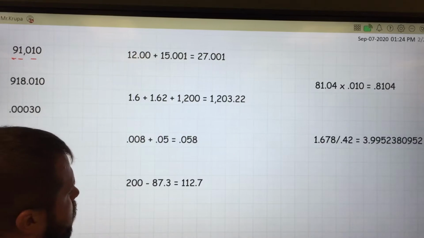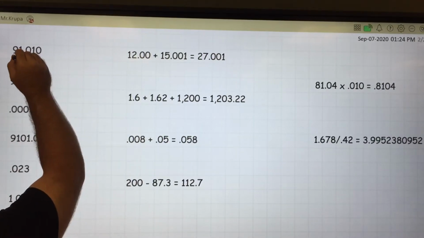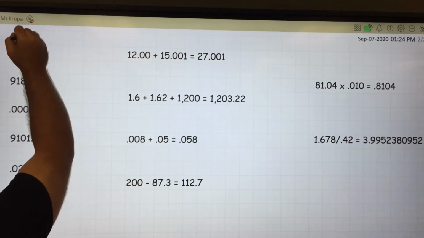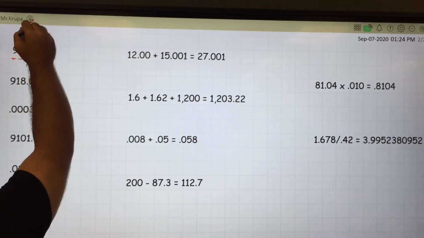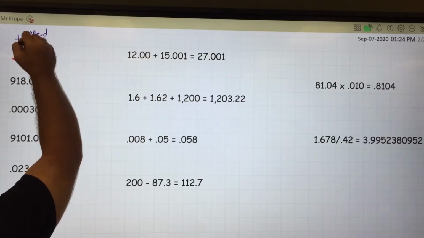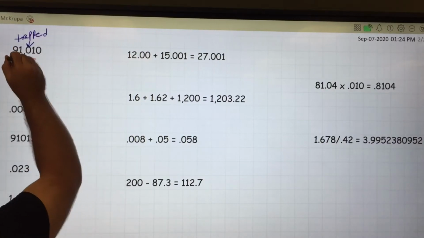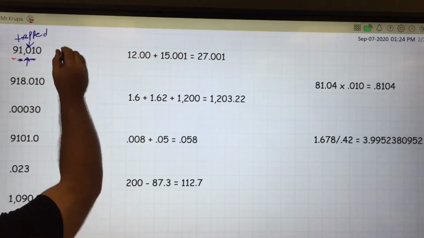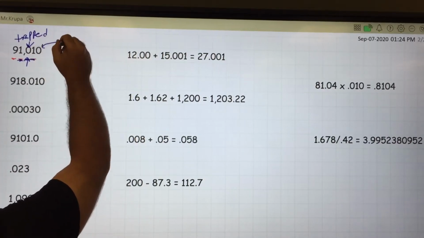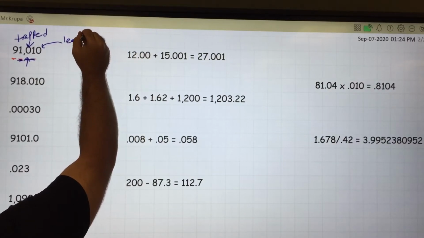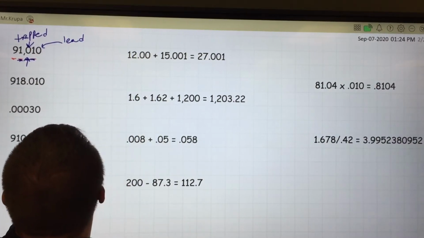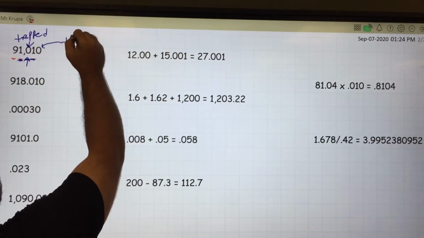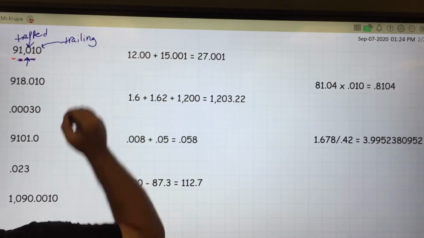There are trapped zeros, there are leading zeros, there are trailing zeros, and there are right zeros. In this example, this zero right there is trapped because it's in between non-zero numbers. This zero on the end, not a leading, it is a trailing zero.